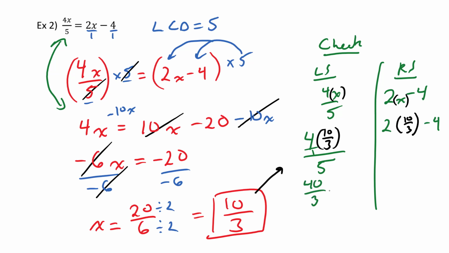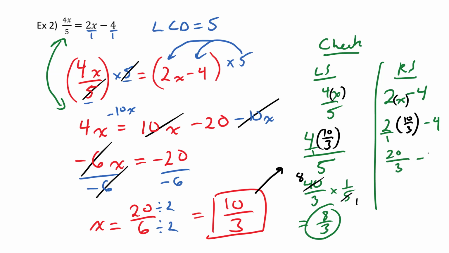I'm dividing by 5, which means the same thing as multiplying by 1/5. Here I can simplify this down a bit. I can take a 5 out of here, and I can take a 5 out of here. How many times does 5 go into 40? It goes in 8 times. So here I get this side 8 over 3. Let's see what happens on the other side now. Do the same thing.